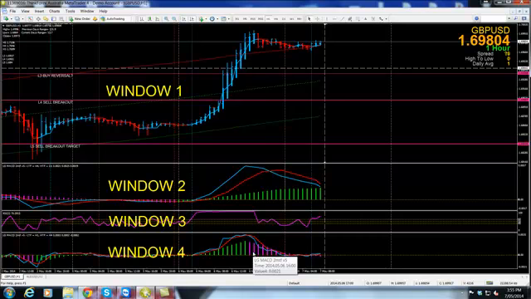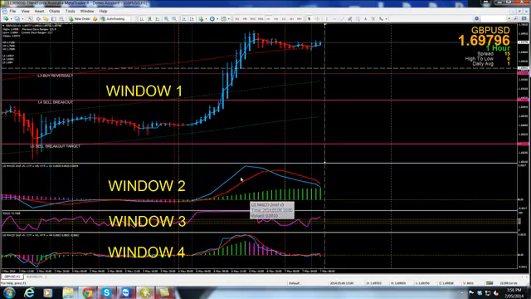So the indicator is taking information from a higher time frame to help guide us in our decision. Window 2, this MACD, has the blue and red line taking information from the H4, the 4 hour time frame, and the histogram is from a daily time frame.